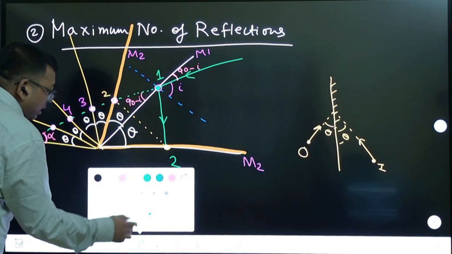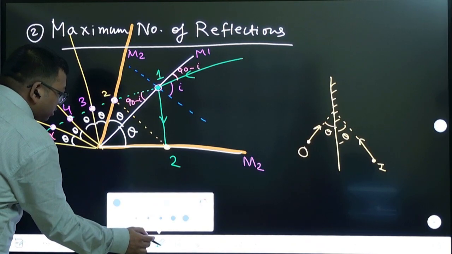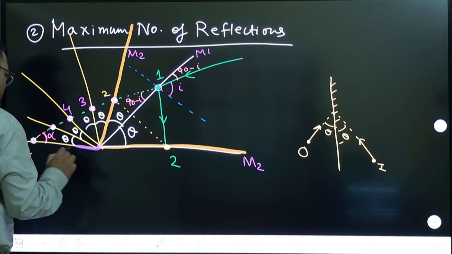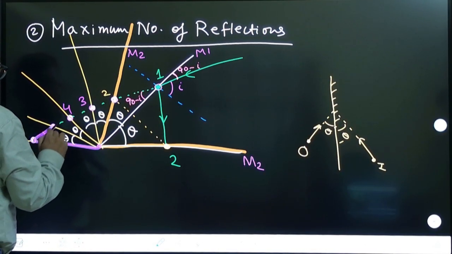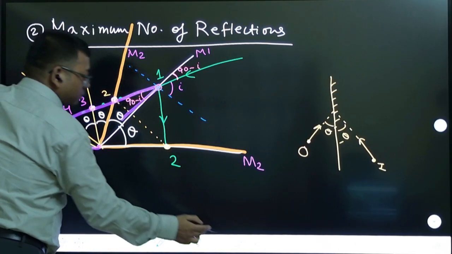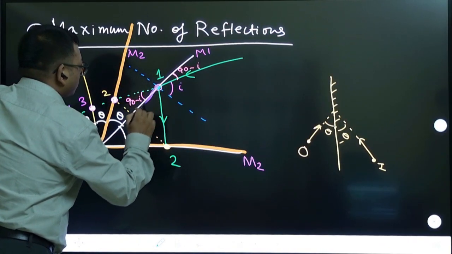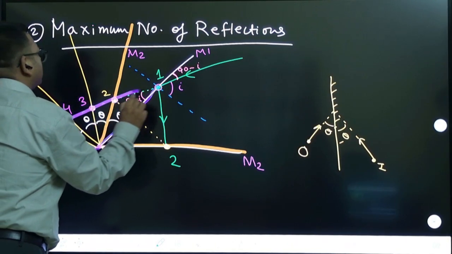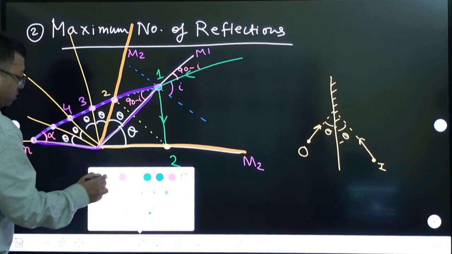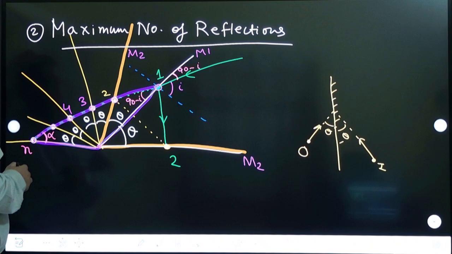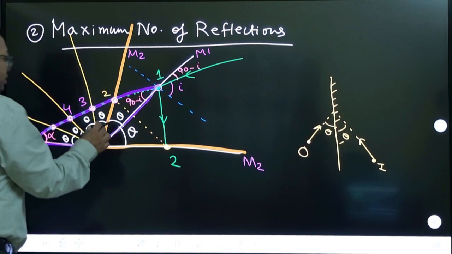So look at this triangle. In this triangle, if you see, each of these angles is theta, theta, right?